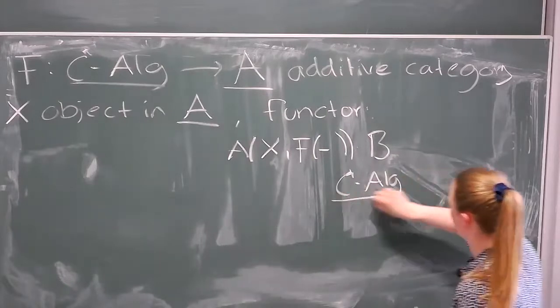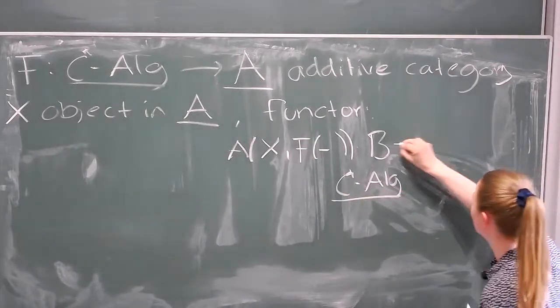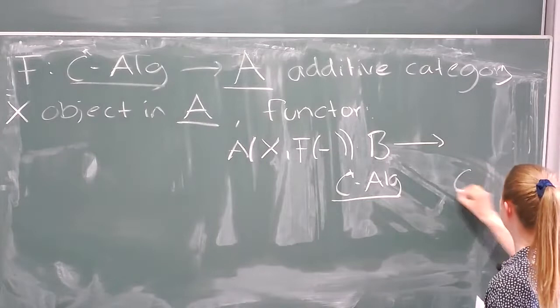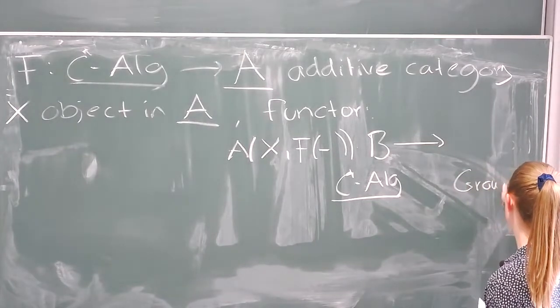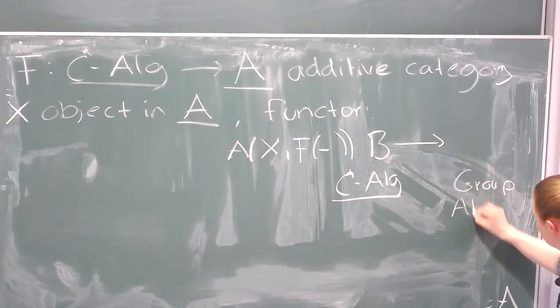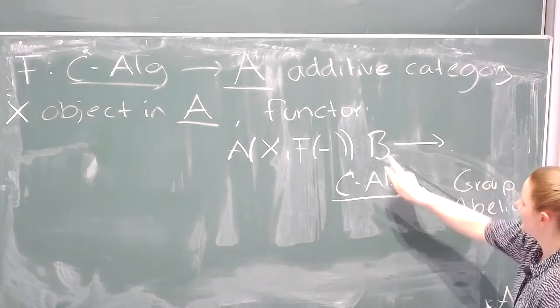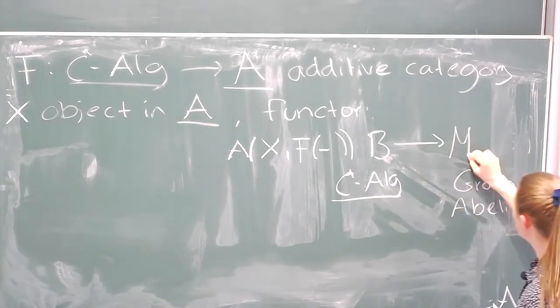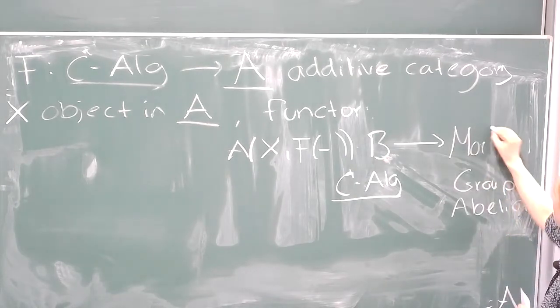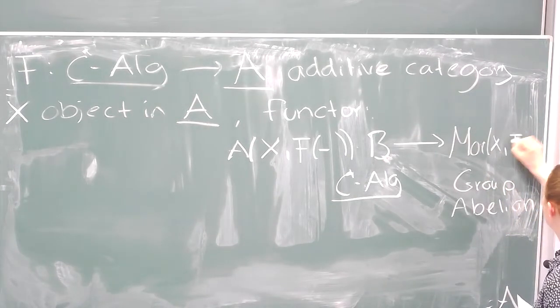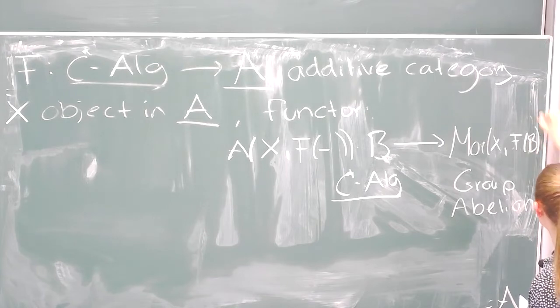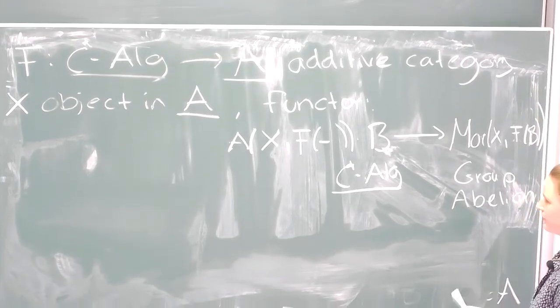It goes from the category of C*-algebras with star homomorphisms into abelian groups. So we take a C*-algebra B, and then we look at all the morphisms from X to F(B).